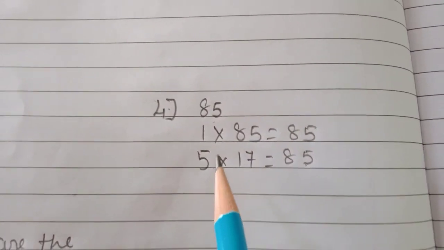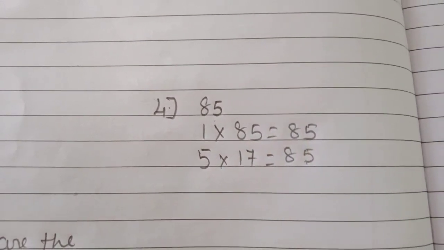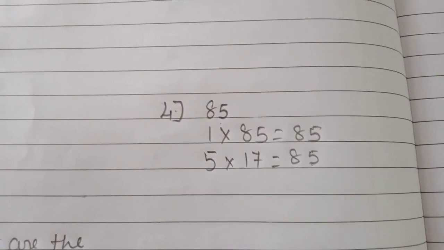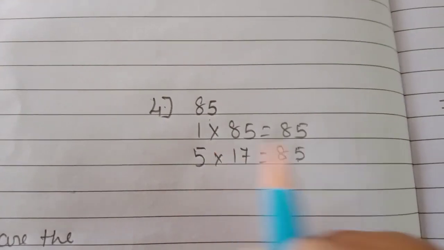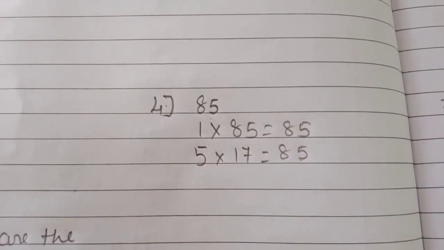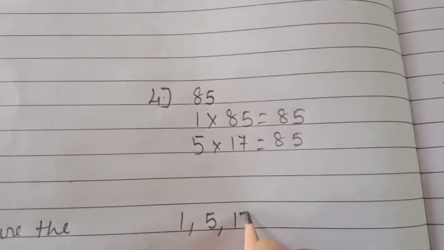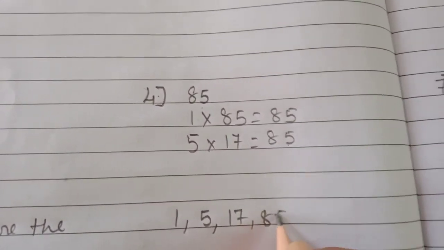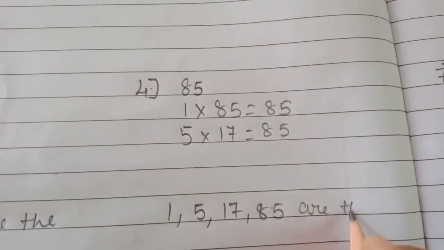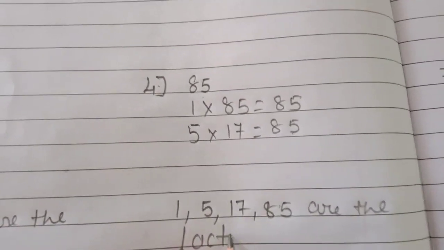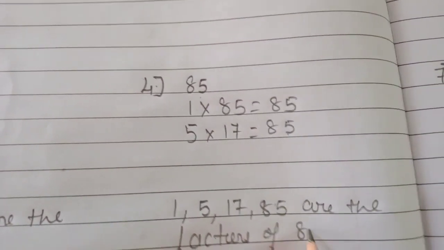Then in the 6 table, will 85 come? No. 7 table? No. 8? No. 9? No. So in last we write 85 1s are 85, which we have written already. So the factors are 1, 5, 17, 85 are the factors of 85.